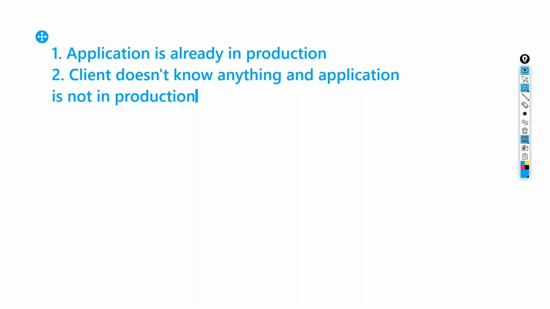So if the client doesn't know anything about the load, and the application is not in production, you have to get the competitor statistics, like how many users are accessing, how many page views there are, and from which location they are accessing the application. You can get all this data. Now this is scenario 2.